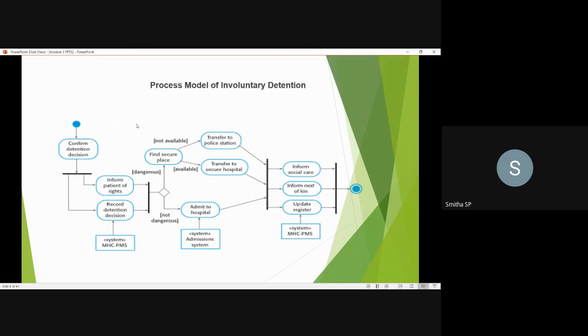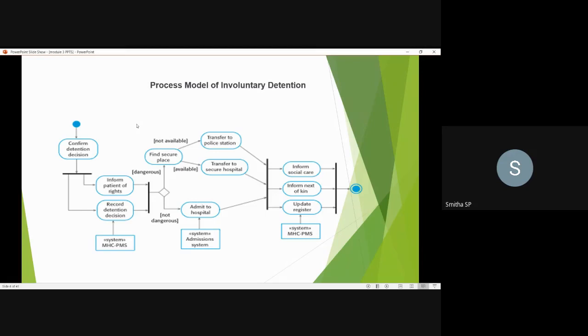This figure shows the processes used in the MHC-PMS. It is not necessary to discuss each activity, but you have to observe how the activity diagram represents the business process. This is an activity diagram which shows the activities in the process.